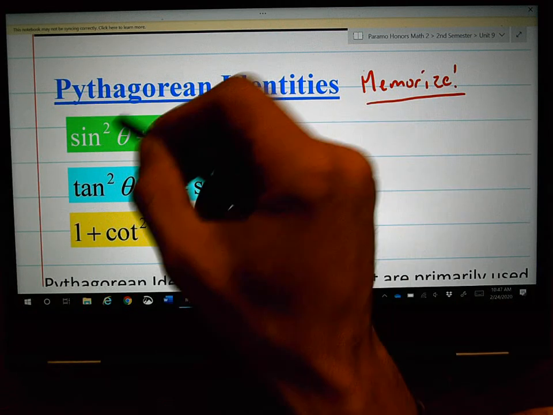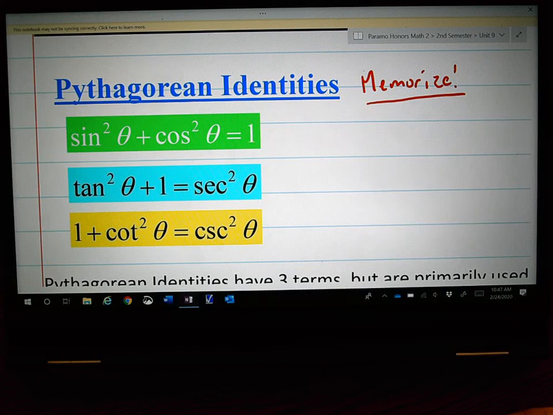If you can't read that in your notes, write it down. The second one is tangent squared of theta plus 1 is equal to secant squared of theta. The third one is 1 plus cotangent squared of theta is equal to cosecant squared of theta. You will need to know all three.